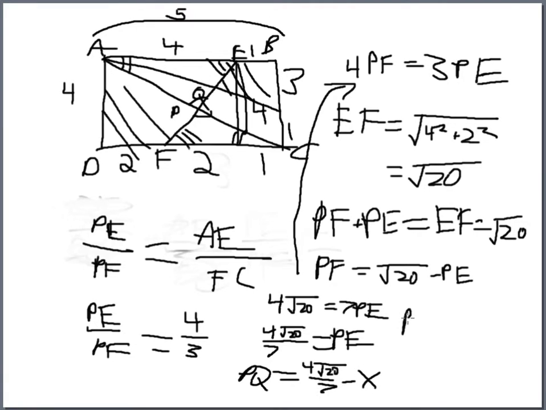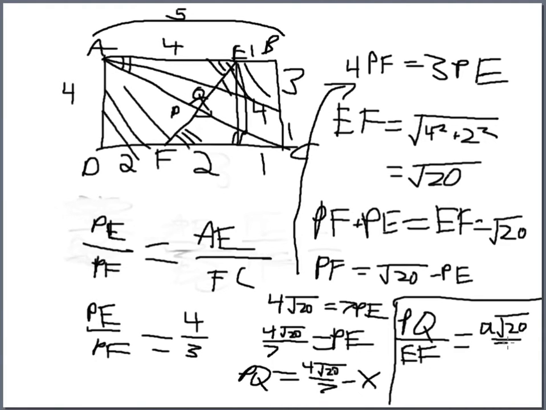And we're trying PQ over EF. And PQ over EF should be something around this. So it should be in the form A root 20 over 7, times B. So A root 20 over 7 times B.